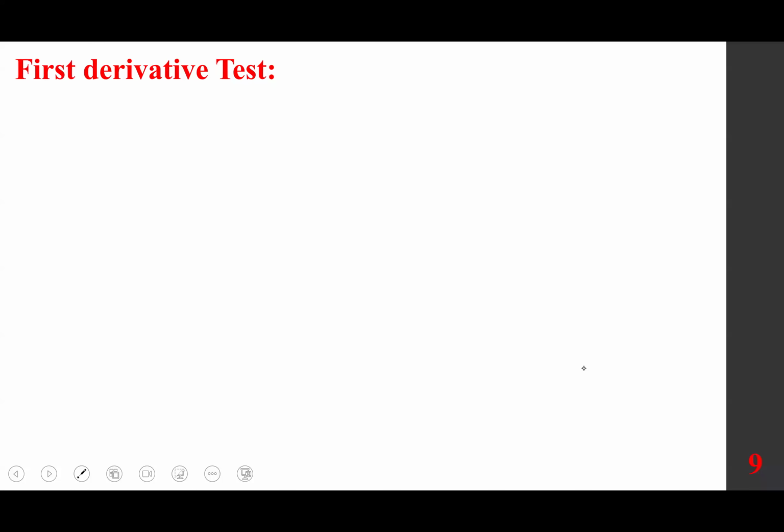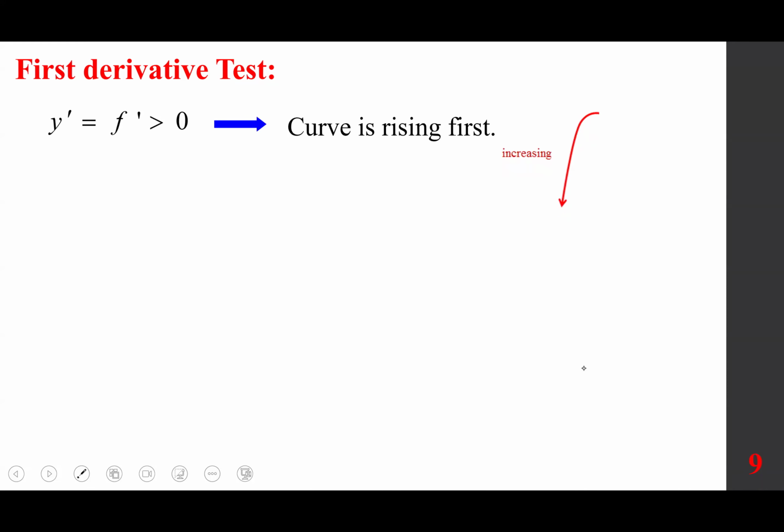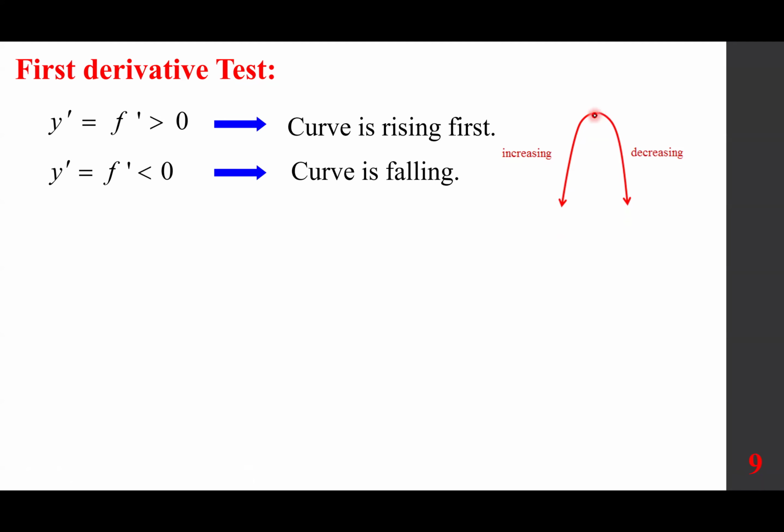What is the first derivative test? We find y prime. When it's positive, the curve is rising, or increasing. Then if it's decreasing, that means f prime is negative, it's falling, it creates an extremum.